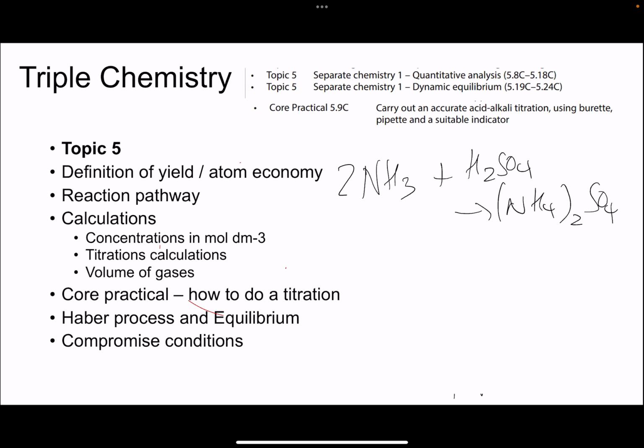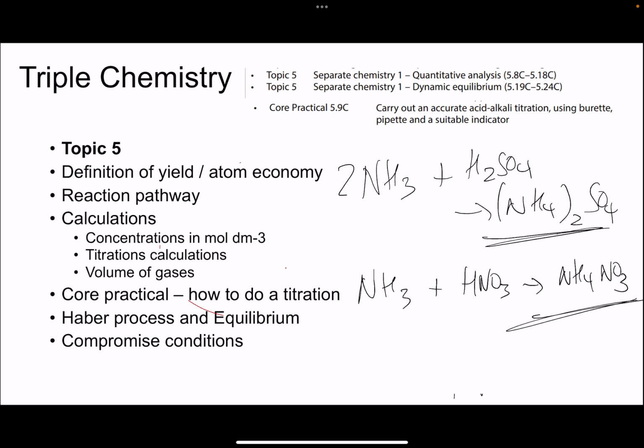Alternatively, you can have ammonia reacting with nitric acid, and that will produce ammonium nitrate. Both of these are used as fertilizers, and the advantage of this is a fertilizer will speed up the growth of plants. The advantage of doing this in industry is because the reaction is done on a large scale, and it's a continuous reaction, and in the lab it is a batch process.